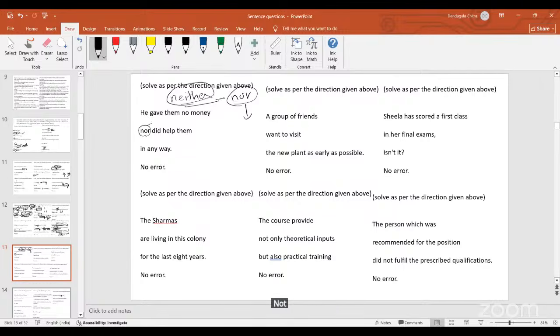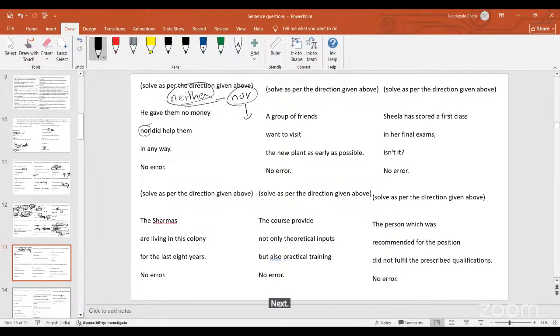Not. Okay. No, I mean not related to N word, but something else. Same, similar meaning words. He gave them no money and did not help them in any way. You can use and also. Instead of simply using and, you can use also. Okay, and also. He gave them no money and also did not help them in any way will be more appropriate because we are discussing two things. One is help and one is money. So it is better we should use the also word.